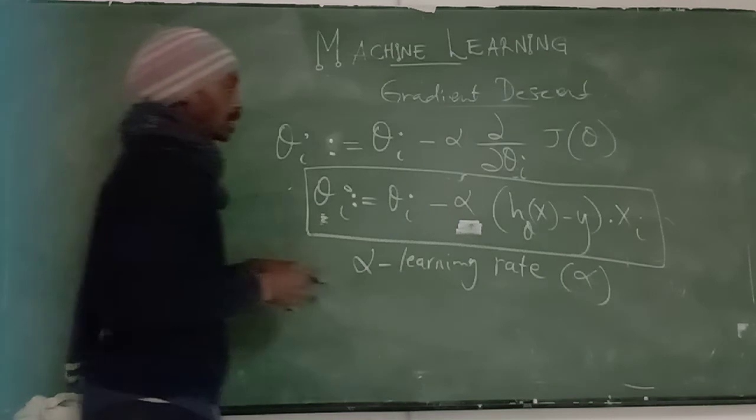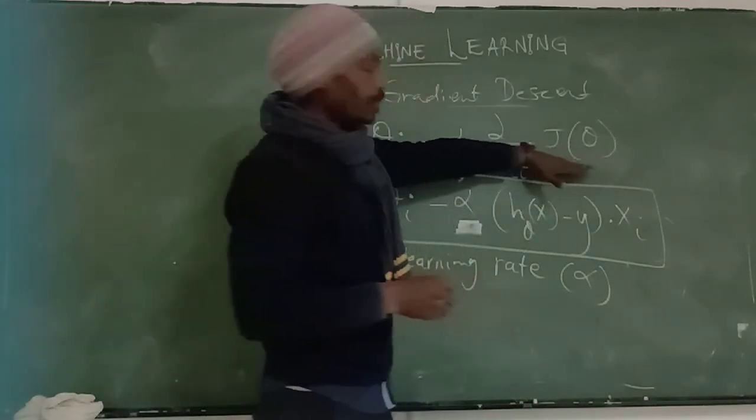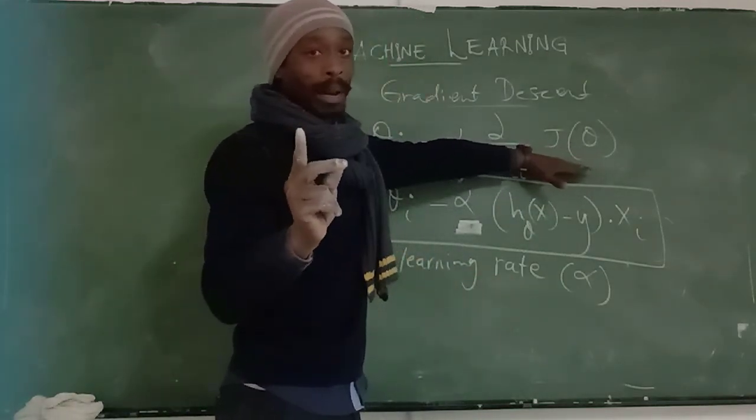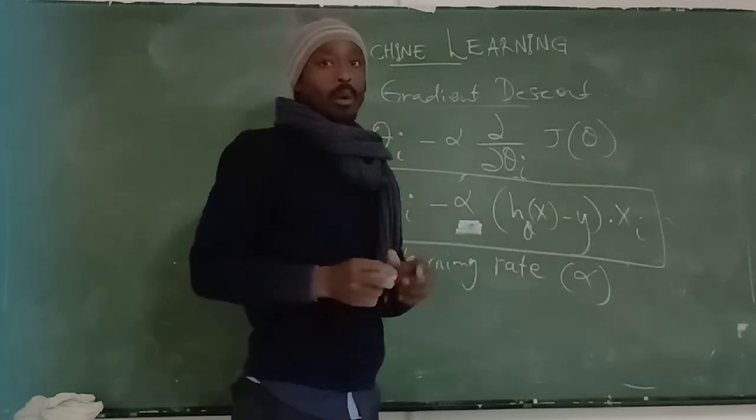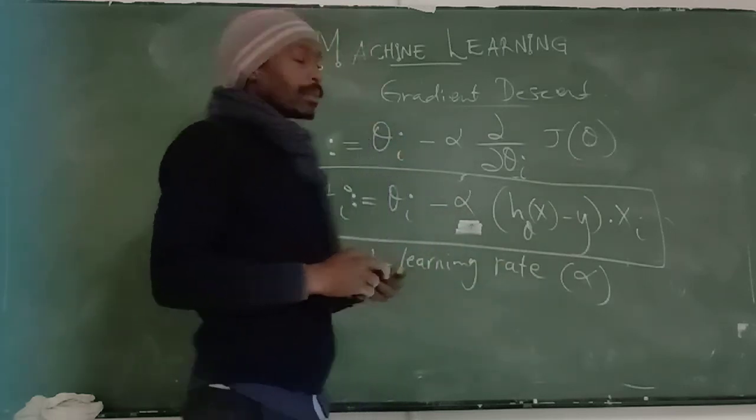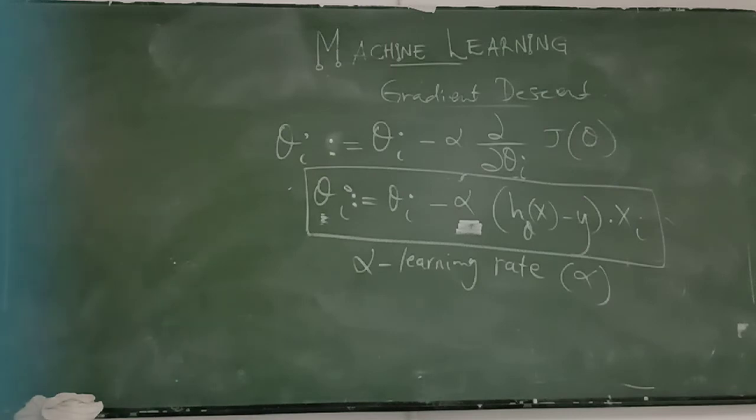The function J of theta in a two-dimensional plane has only one local minimum.